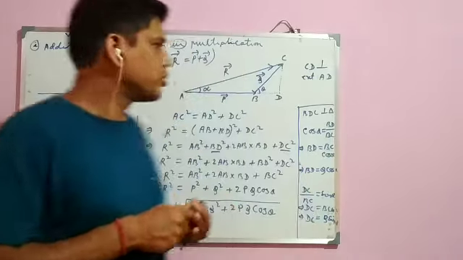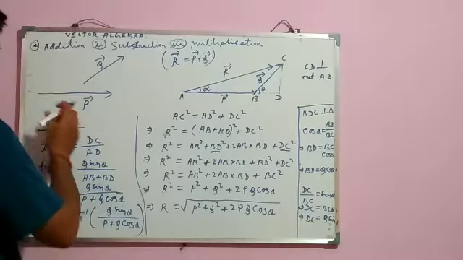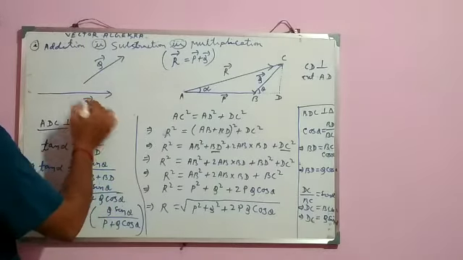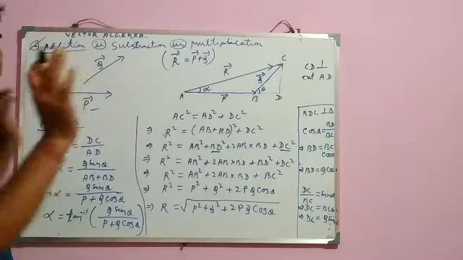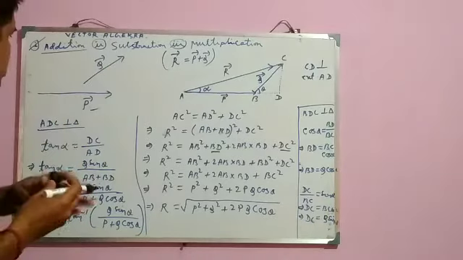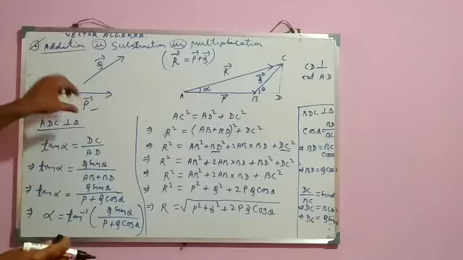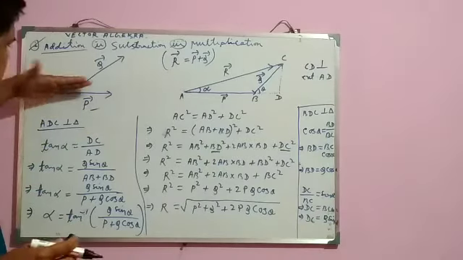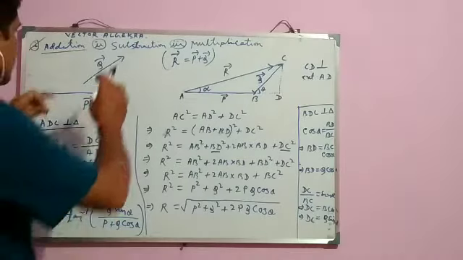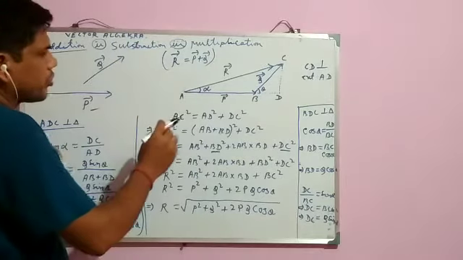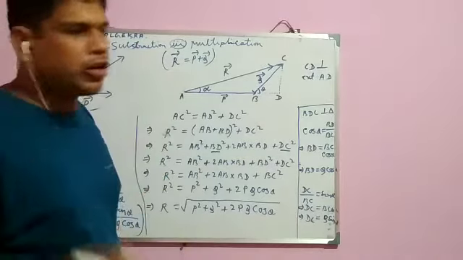Now we consider two vectors, vector p and vector q. We have already discussed what vectors are. Vector p has a direction along this direction and vector q along this direction. Now we want to add these two vectors by using the triangle law of vector addition.